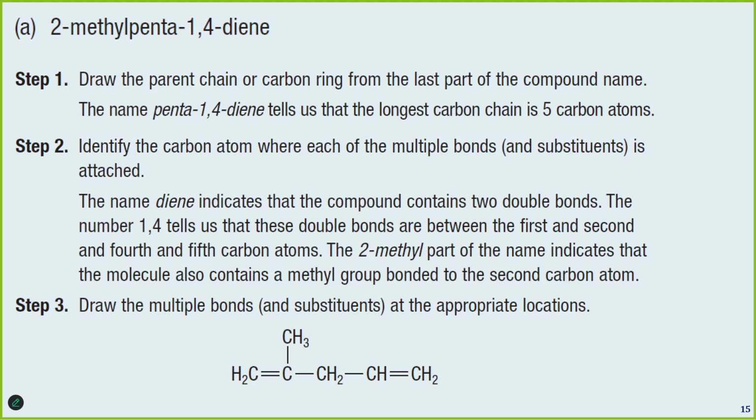The number 1,4 tells us that these double bonds are between the first and second and fourth and fifth carbon atoms. The 2-methyl part of the name indicates that the molecule also contains a methyl group bonded to the second carbon atom. Therefore, we can draw the multiple bonds at the appropriate locations. The structure of this compound is as follows. Okay, have a look at the solution here. Any questions, just let me know, okay?